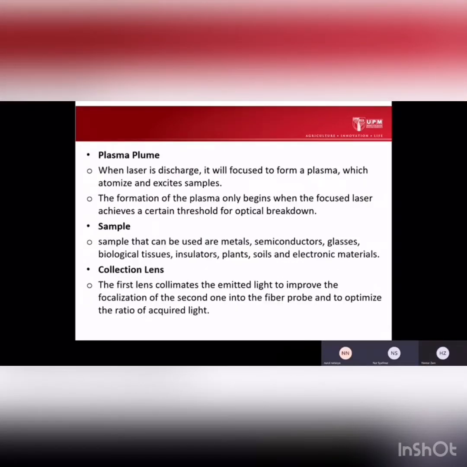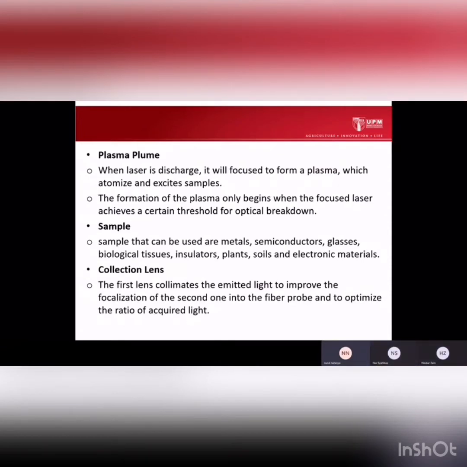When the laser is discharged, it will focus and form a plasma, which atomizes and excites the sample. The formation of plasma only begins when the focused laser achieves a certain threshold of optical breakdown. This happens at high temperature, right? Yes.